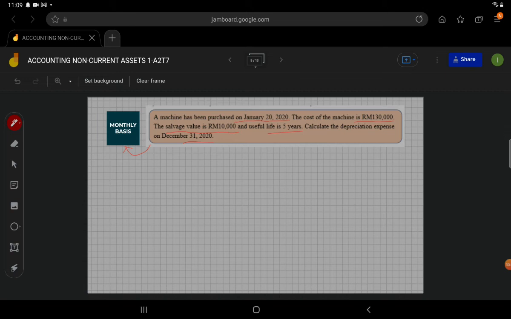Okay, kita tengok pada purchase date dia. Sekarang dia beli berapa hari bulan? Dia beli 20 January. So, bila 20 January dia antara 1 hingga 15 hari bulan. Sorry. Bukan 1 hingga 15.